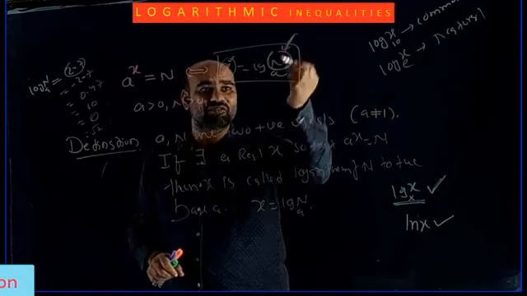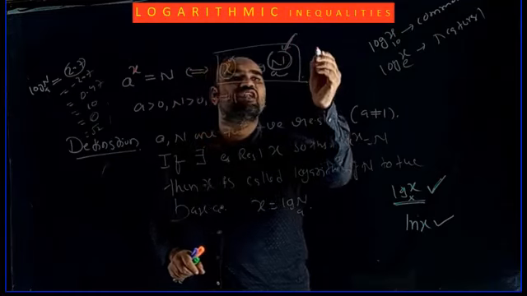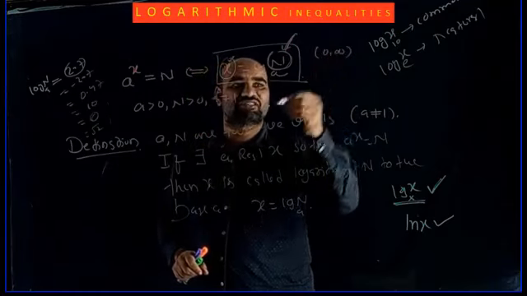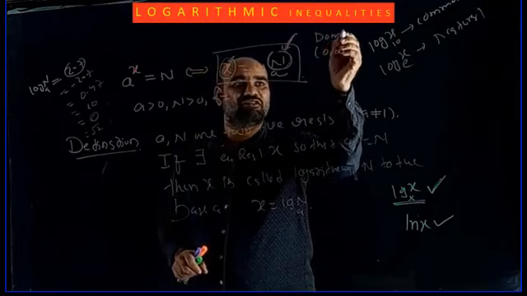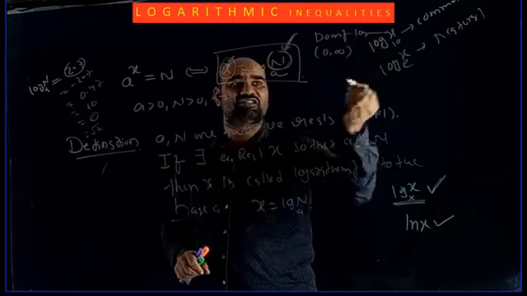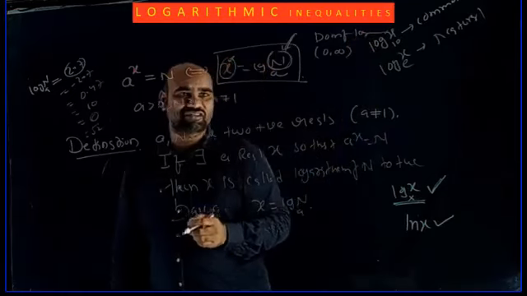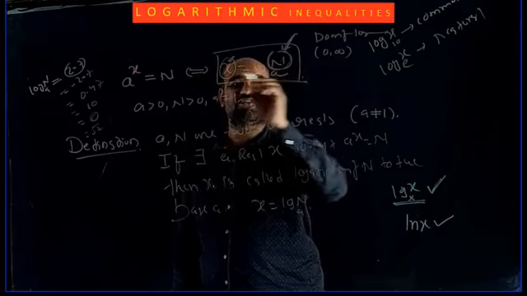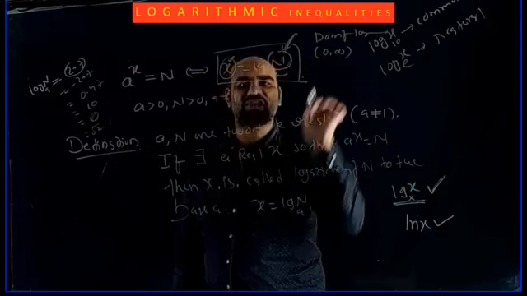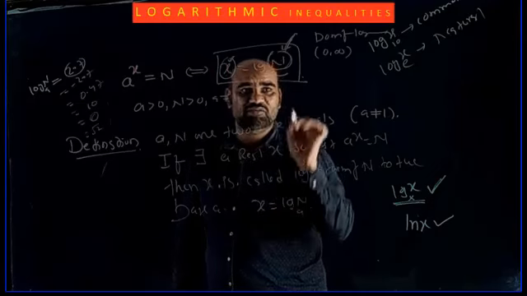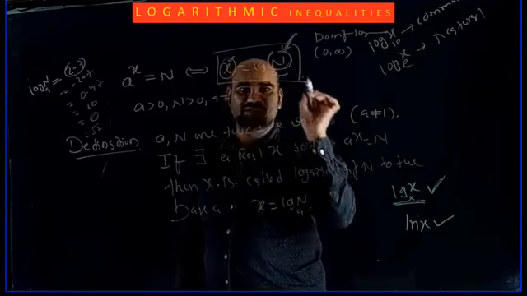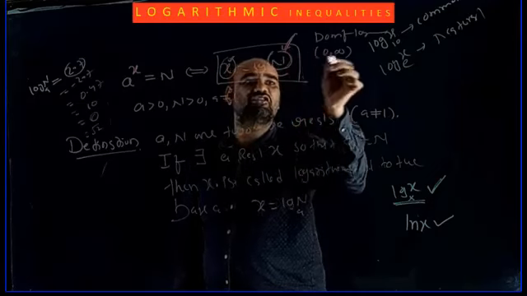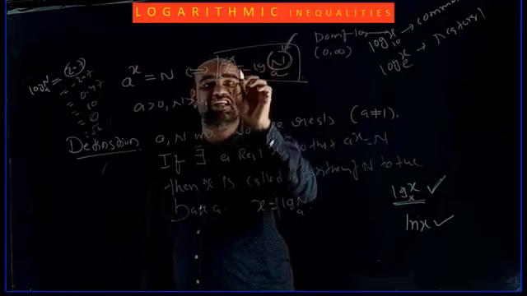Domain of the logarithmic function: in log n base a equal to x, n should be between 0 and infinity only. So the domain is 0 to infinity, and x is called the range, the output.